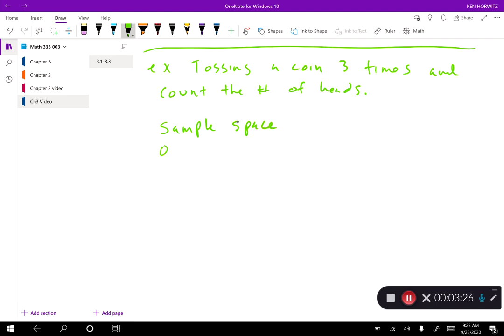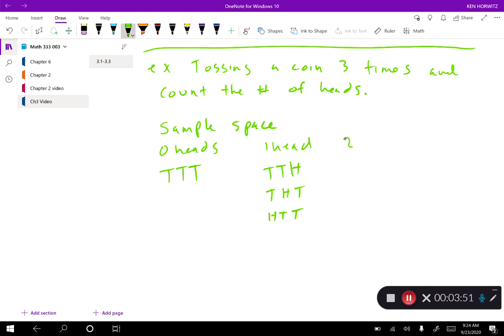I can say 0 heads is going to be tail, tail, tail. I could say 1 head is going to be tail, tail, head, tail, head, tail, and head, tail, tail. So there are 3 options there.